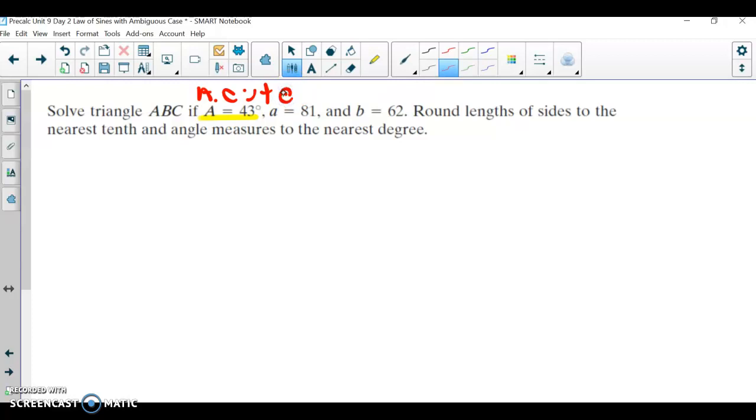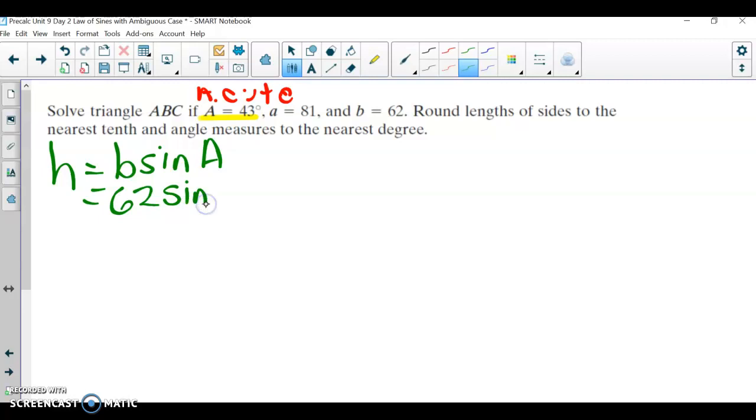Since I know that it's an acute angle, now I'm going to find H. To find H, I do H is equal to B sine of my angle A. If I plug my values in, B is 62 and my angle A is 43. I go to decimals, remember to change your settings, and I'm going to round to the nearest 1. This is 42.